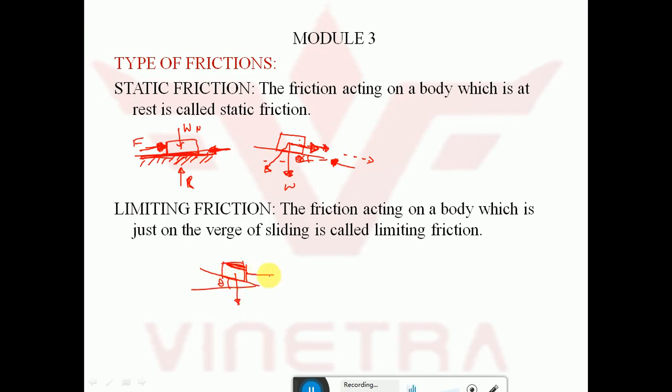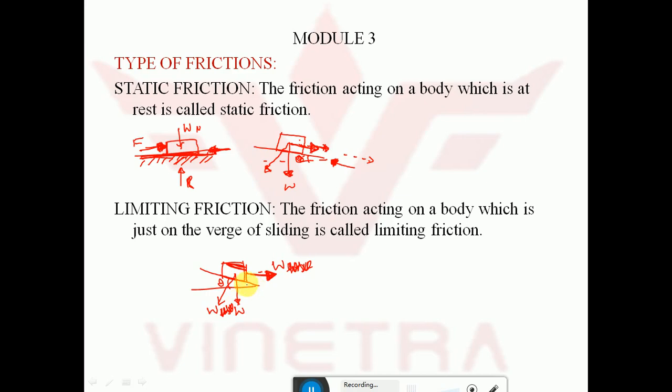As this theta increases, this force will keep on increasing. This is W. If I resolve this, one component will be W sin theta and the other W cos theta.